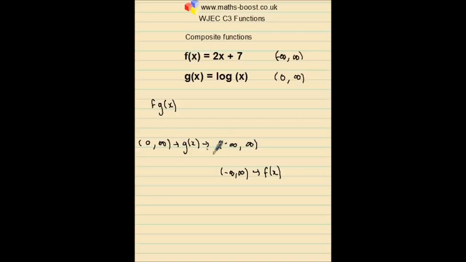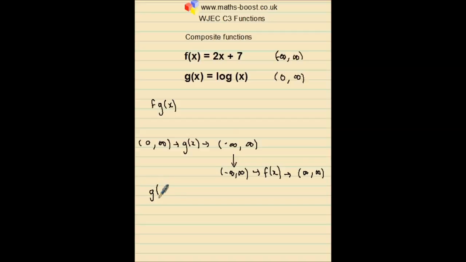Based on what I feed into here, what comes out is this, and it can go straight across, no problems. So this takes in the full interval that it could have taken, and consequently what comes out is its full range, no problems. I know you can work this algebra exercise, where the bulk of the marks is going to be, and you're just going to substitute g of x into f of x, and I know you won't have a problem with that.